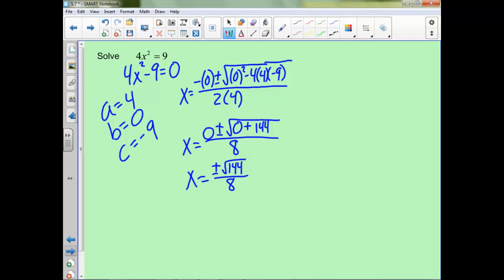Square root of 144 is 12. So our answer is plus or minus, divided both by 4, 3 over 2.